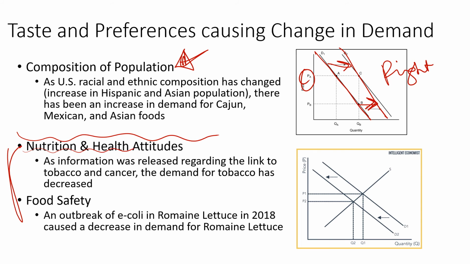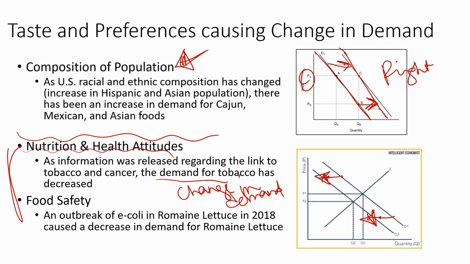In regards to nutrition and health, let's say that historically information has been released linking tobacco to cancer. So that health report, that science, that research has caused a change in demand for tobacco. So now there is a shift to the left.